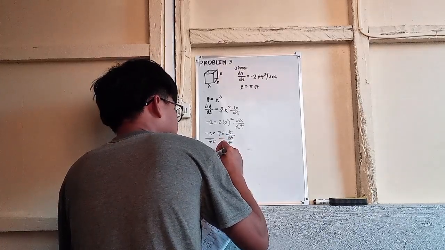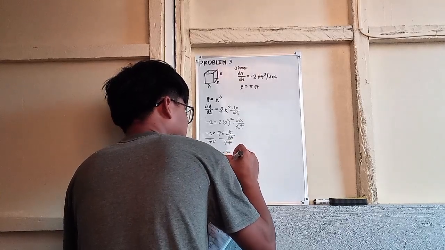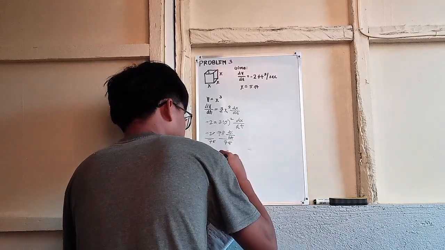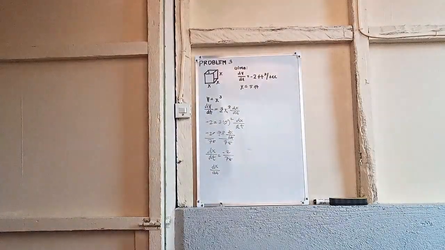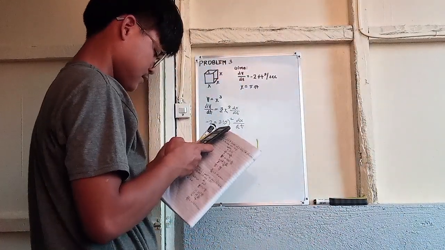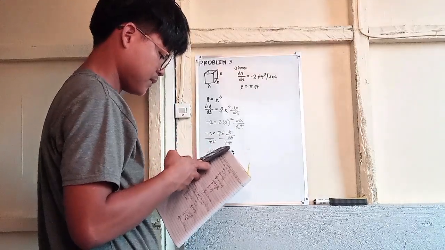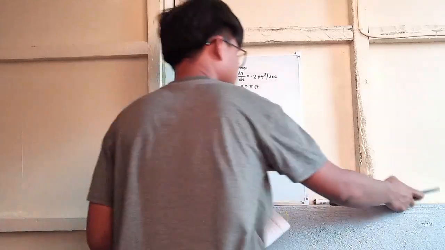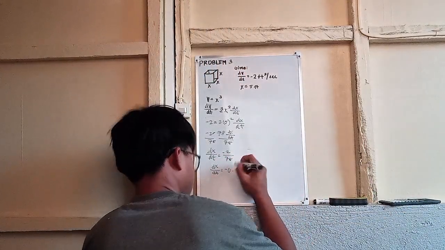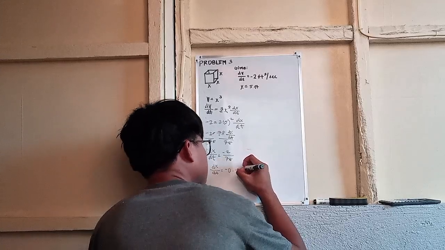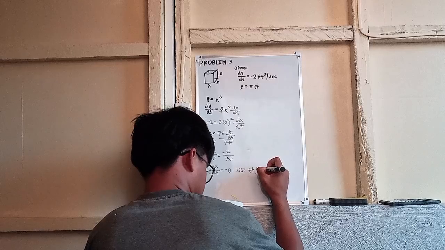We have the value of dx over dt is equal to -2 over 75, or we will calculate -2 over 75, which is equal to -0.0267 feet per second.